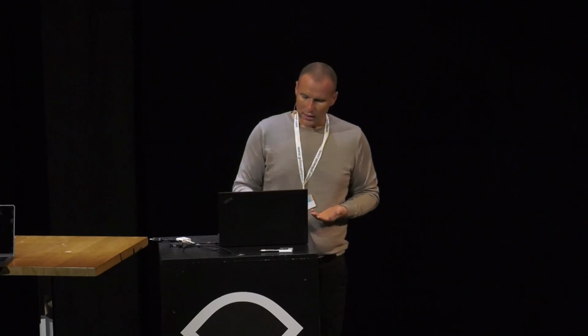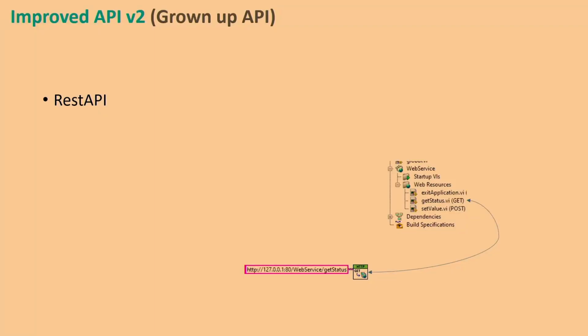So at this point, we decided to move towards web technology. That involves REST APIs, which I am going to talk about a bit more in the subsequent slides, and WebSockets, if we want very fast asynchronous communication.